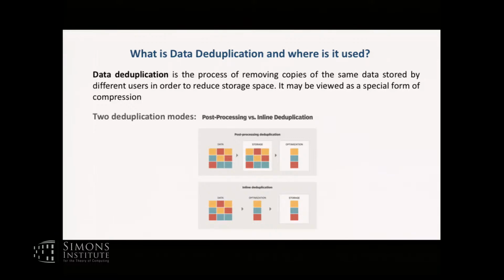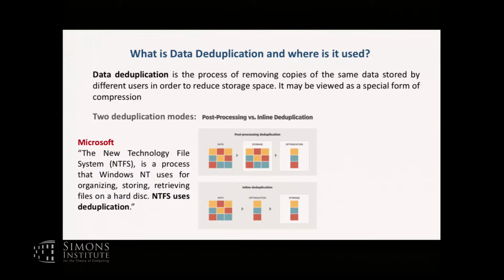While inline deduplication really means you're trying to remove the redundant pieces of information while you're in memory, before you store the data on a hard drive or a storage system.